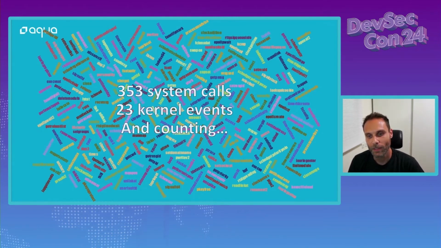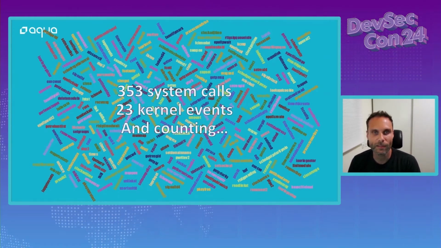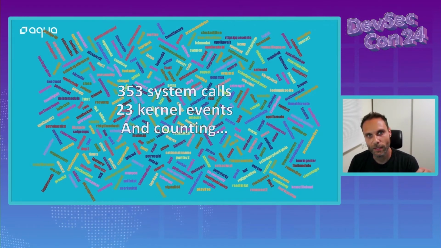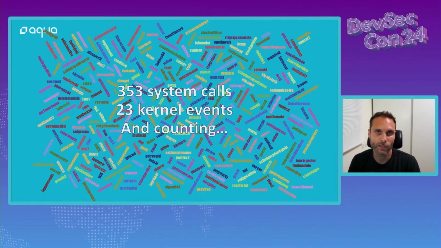It gives you everything, all of the information that you may need in order to make quality detections later on. But the interesting part is that on top of those system calls, Tracee also gives you access to other kernel events. These are specific points within the kernel that we chose to instrument manually in order to give you more information that is more meaningful in a security context, because this is where we are at.